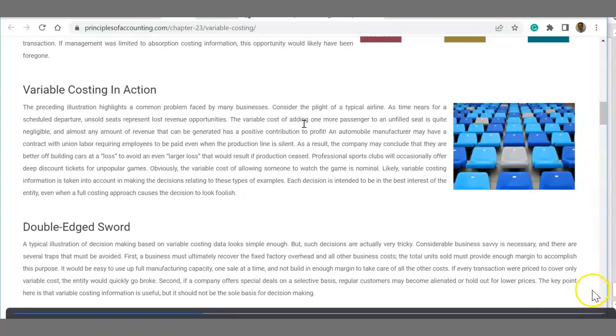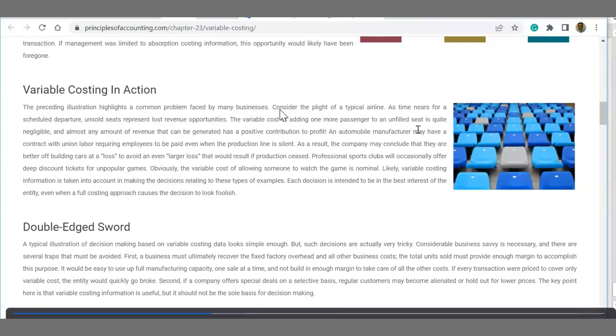The variable cost of adding one more passenger to an unfilled seat is quite negligible, and almost any amount of revenue that can be generated has a positive contribution to profit. Let's say 20 minutes before the flight, you have 10 seats available, unsold. Nobody is going to use them. So at the last moment, if those extra 10 seats are sold, it will be a good positive contribution to the profit of the company, right?